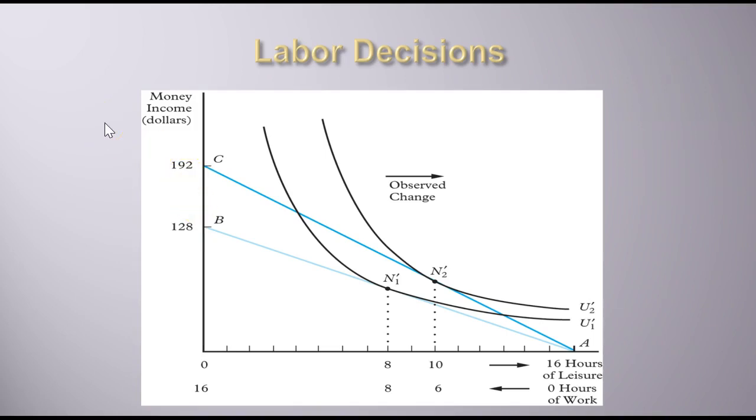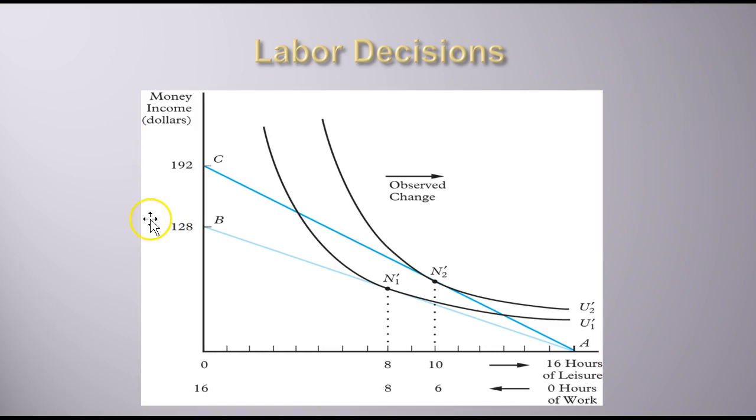Okay. So now the substitution effect means that because you got that higher wage, you're going to work more. The substitution effect is saying that because it's more expensive to take leisure, your labor supply is going to go up. But the income effect says because you are now making more money, you may not have to work as much, and so you work less.